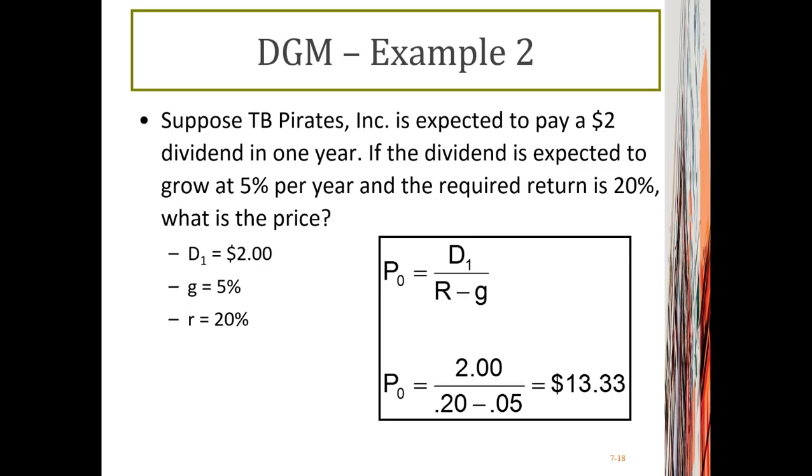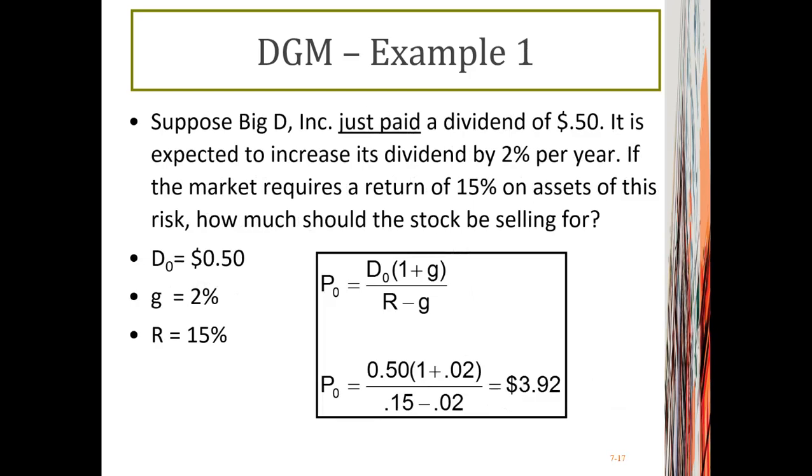Notice the $2 dividend here is a future dividend. Look, the company is expected to pay a $2 dividend in 1 year. That is D1. Now let's go back to the first question. Big D Inc. just paid a dividend of 50 cents. In that case, the 50 cents is D0, because it's a dividend that has been paid.